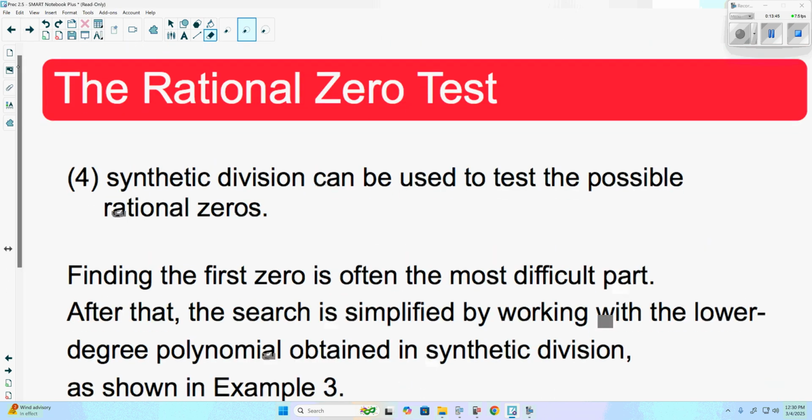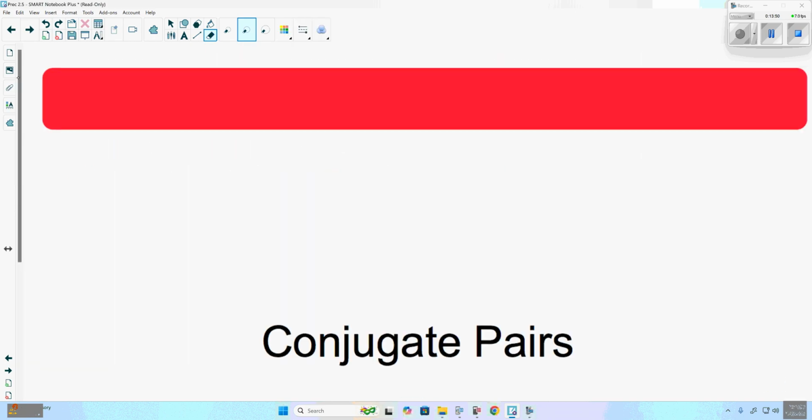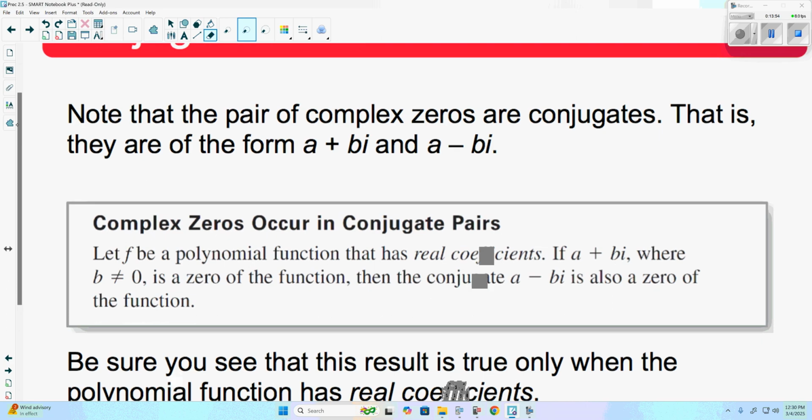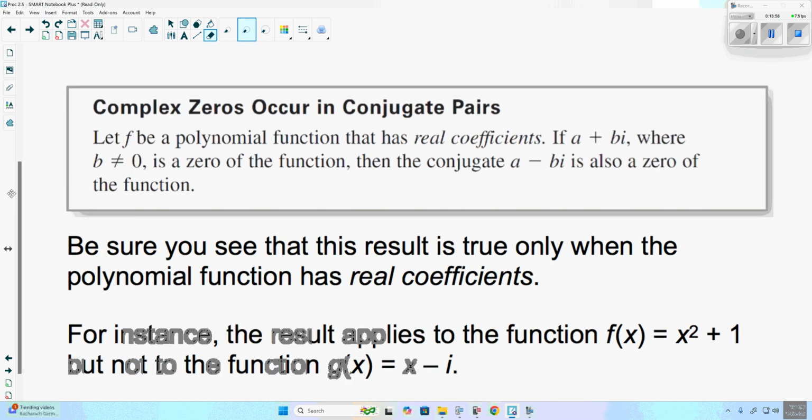Yep. Synthetic division can test possible rational zeros. Conjugate pairs. According to the complex zeros theorem, if a plus bi is a solution, it's only a solution if a minus bi is also. They come in pairs, conjugate pairs.